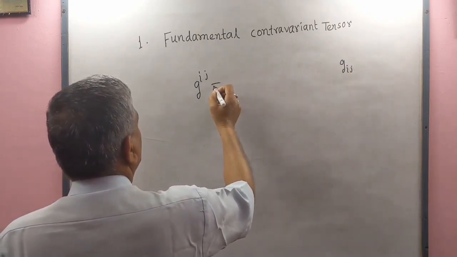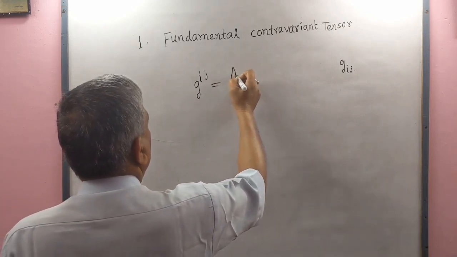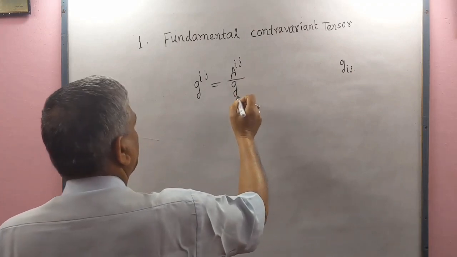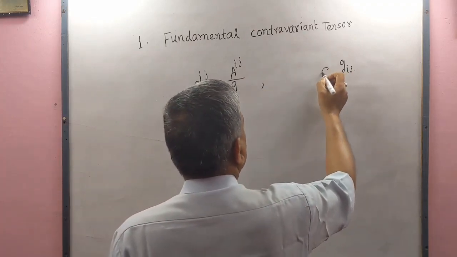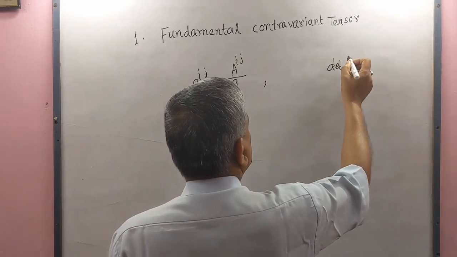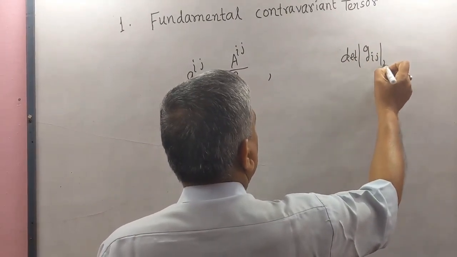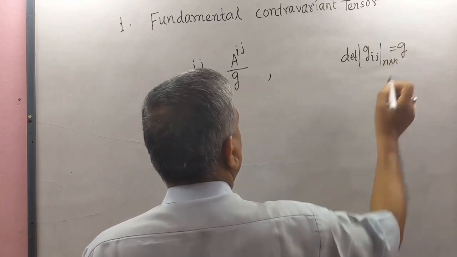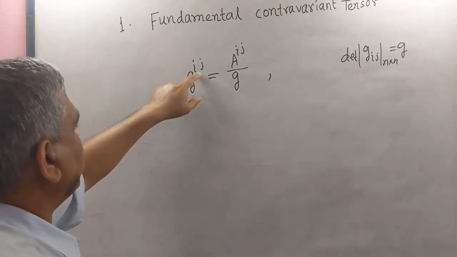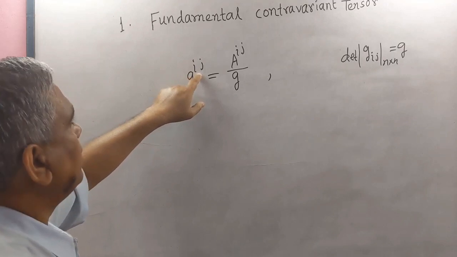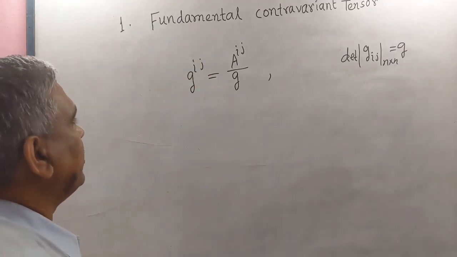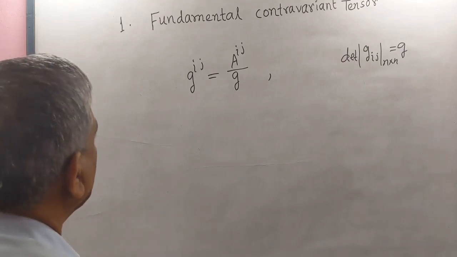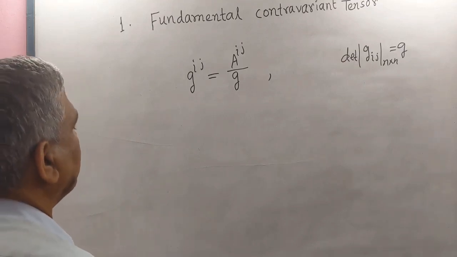This is equal to Aij by G, where G is the determinant of Gij. This contravariant Gij is called fundamental contravariant tensor. Now we shall see its properties.